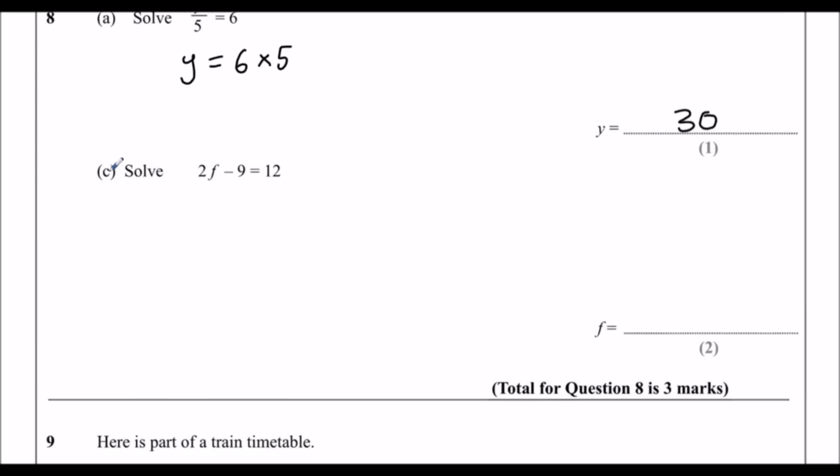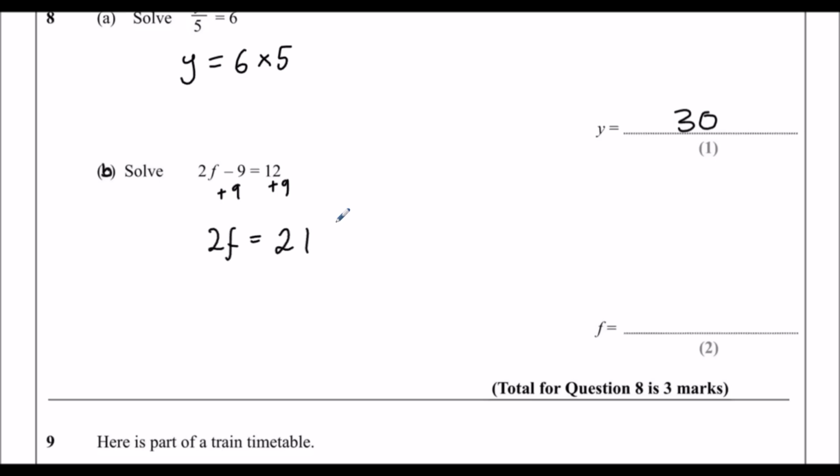Part B, solve 2f minus 9 equals 12. So again, we could undo this equation by doing the opposite. So if I want to get rid of a minus 9, I can add 9 to both sides of the equation. So 2f's are equal to 12 plus 9, which is 21.